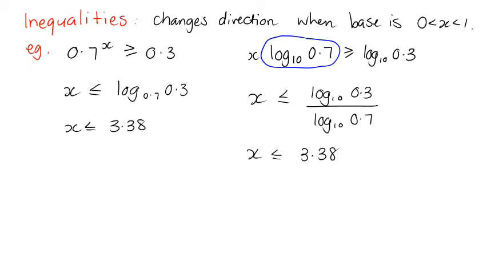So for example, if you were to do it this way, 2 to the x is greater than 8. When you take the 2 over and it becomes log base 2 of 8, the 2 is obviously greater than 1, so the sign stays the same. It's only when the base number is between 0 and 1 that the sign flips.